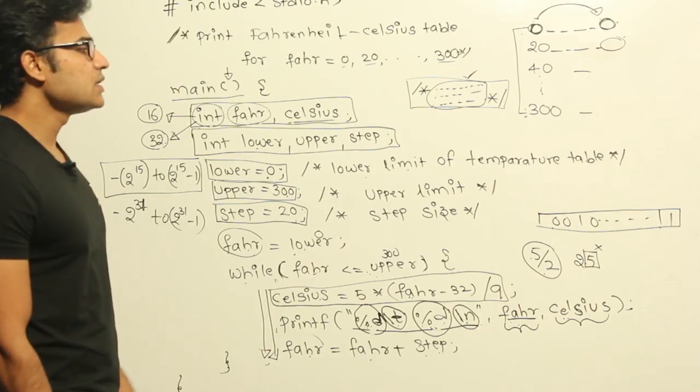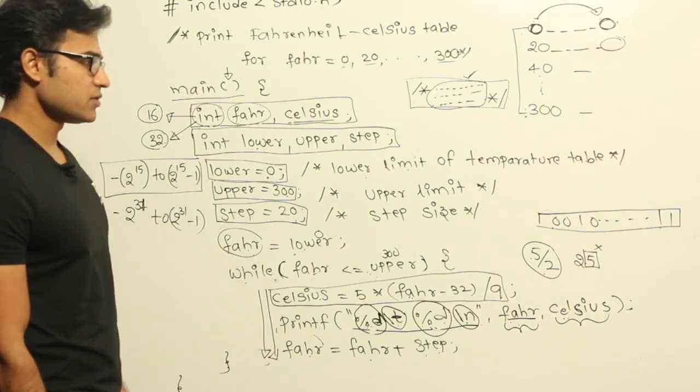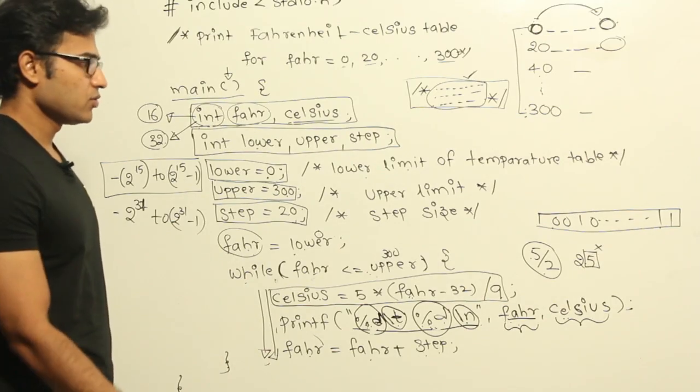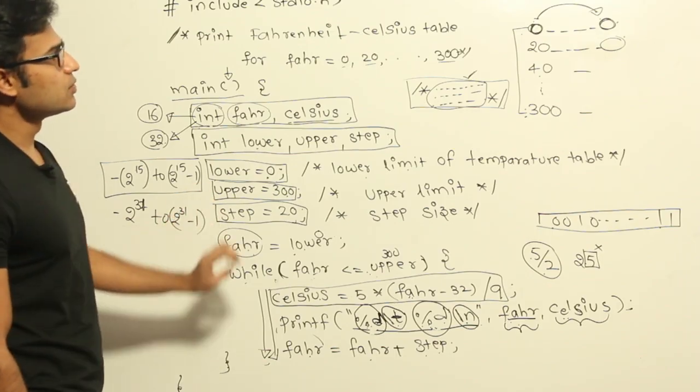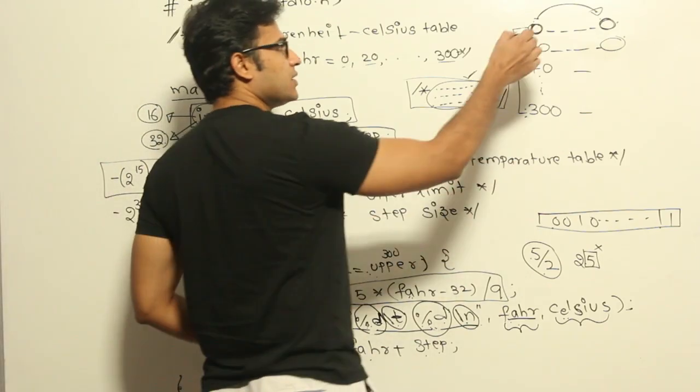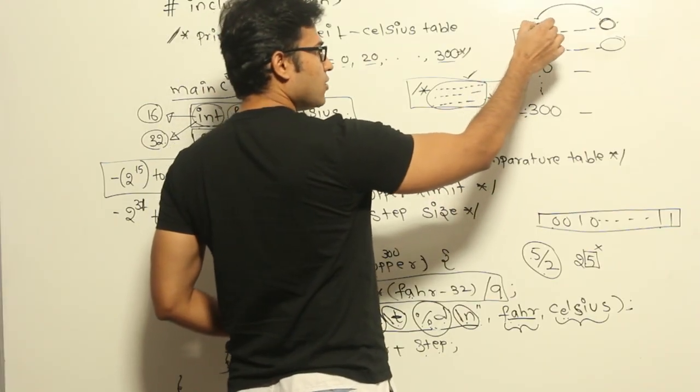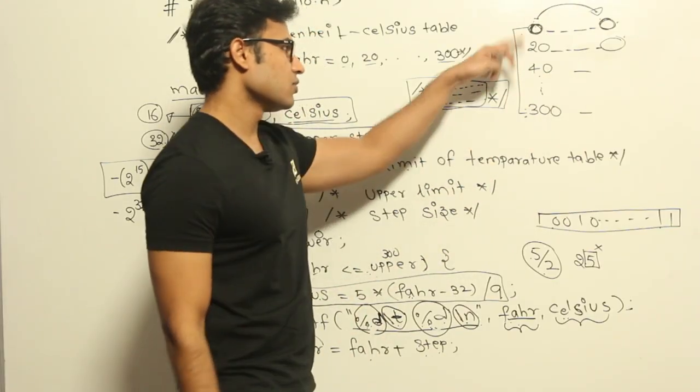If you want to see the fractions as floating point numbers, I'll show you how that is done later. Okay, so this entire program is simply used to take the Fahrenheit value and convert it into Celsius from 0 to 300.